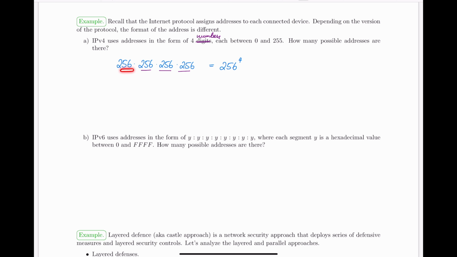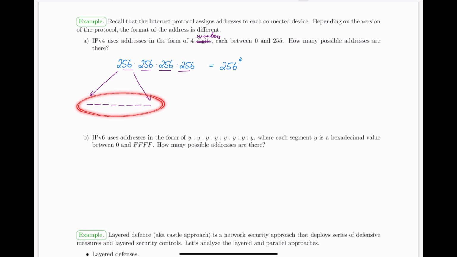So instead of taking up one spot and maybe up to 3 digits in decimal, each one of these within the computer takes up 8 spots and uses an 8-bit binary representation of each of these numbers. So let's think about what that means in terms of how many different IP addresses if we think of them in binary.